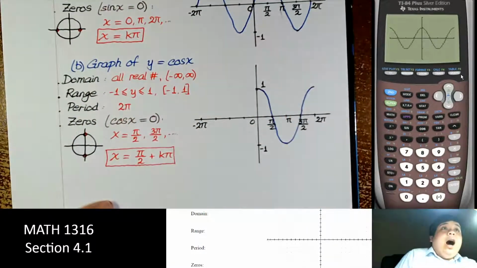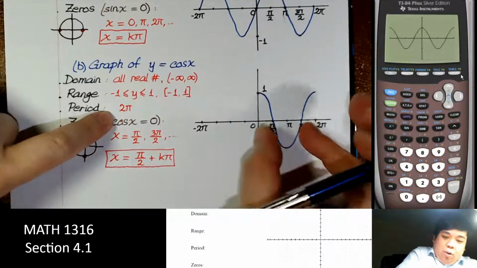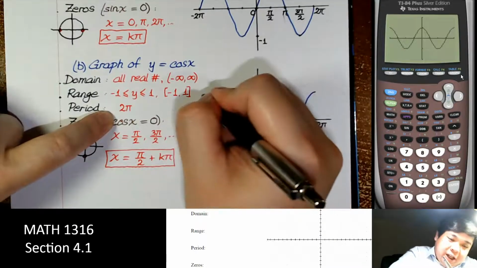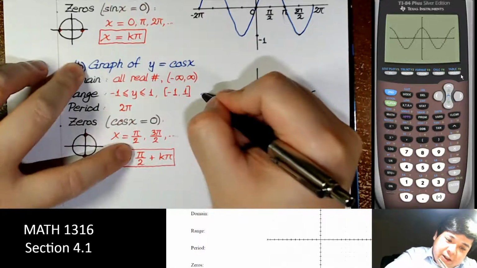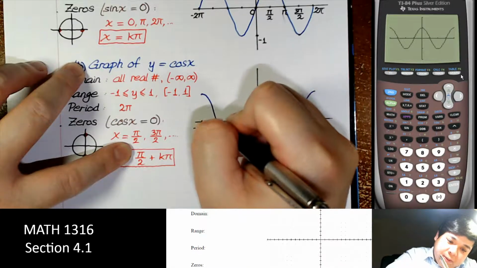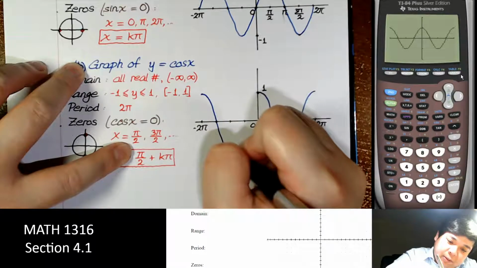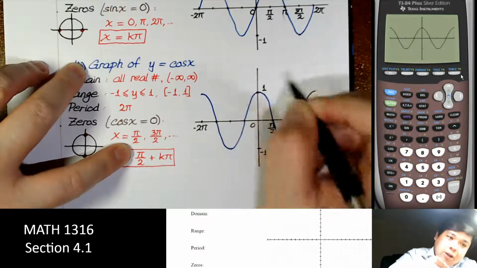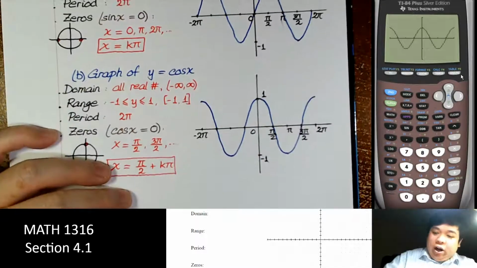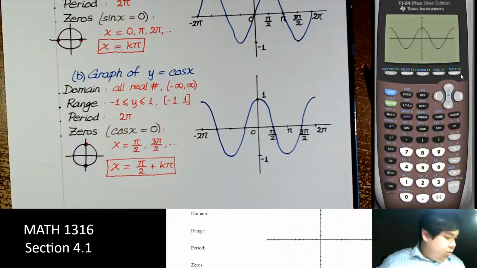And then the period is 2 pi, so that part I just save over here. So the characteristic of y equal to cosine x.